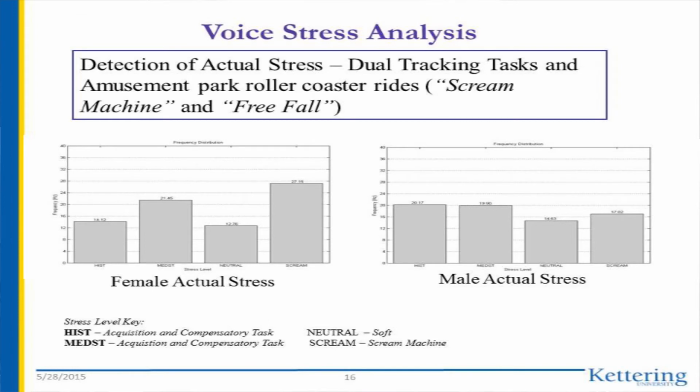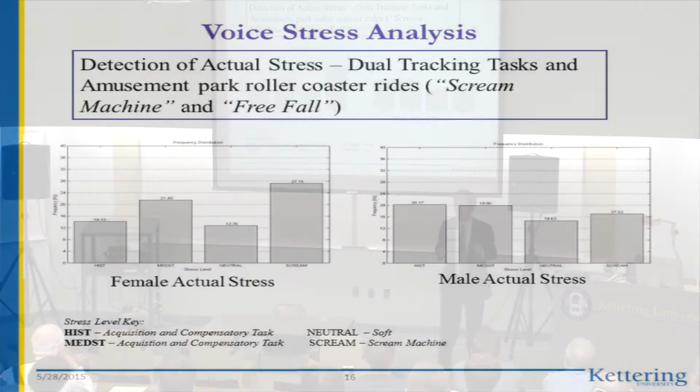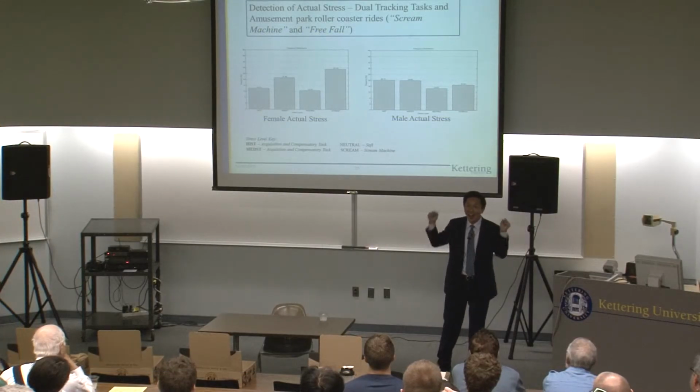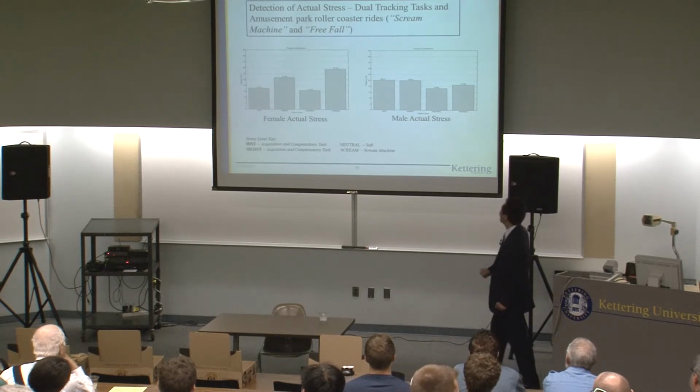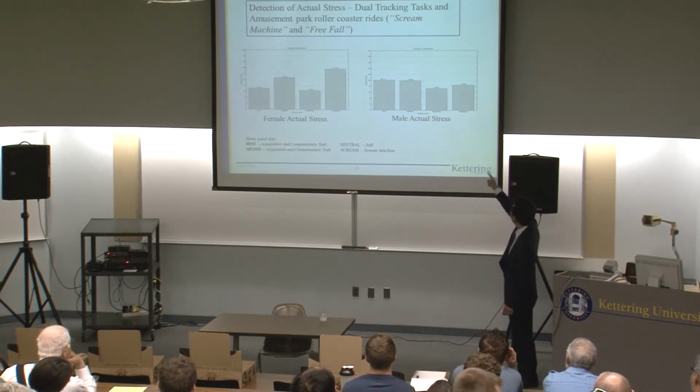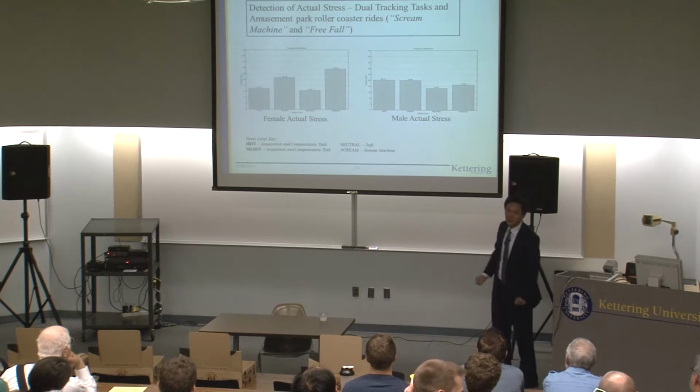In a female sample, for the neutral with no stress, the frequency was at 12.76 Hertz. But under stress, especially on the Screaming Machine condition, the voice gets really high frequency, which makes sense, right? Now if you look at the male sample, it's very similar.